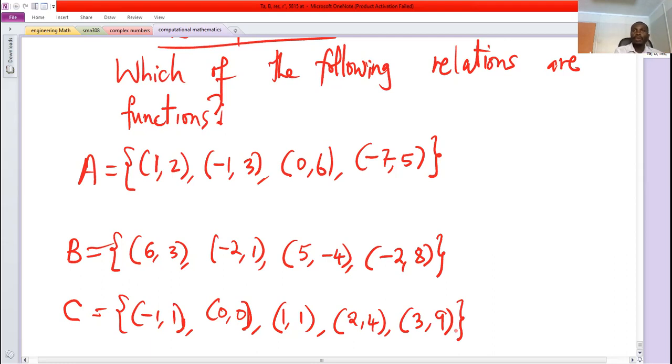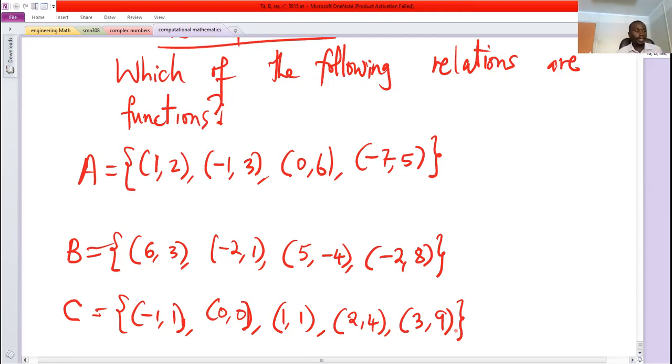To know if a relation is a function, we have to check all the pairs in the set and see that no two distinct pairs have the same first element and different elements in the second position. That's how we define a function.